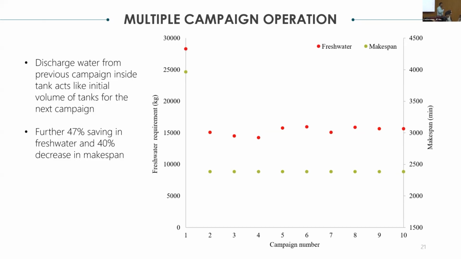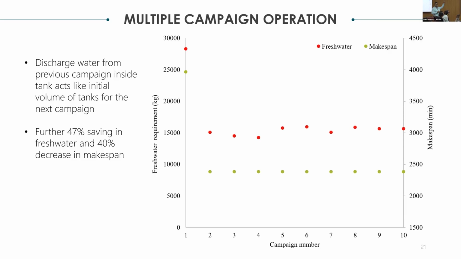And then the last interesting factor before I conclude: you can also not just do one campaign, you can do multiple campaigns, so that the last water of one campaign, whatever remains, can be reused in the next campaign. In that sense, if you start with about 30,000 kg, you can bring it down to 15,000 or even lesser if you do multiple campaigns.